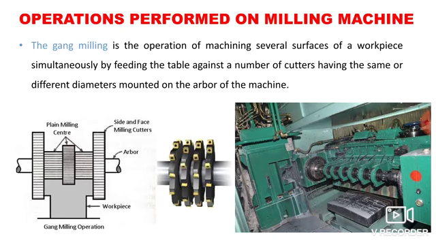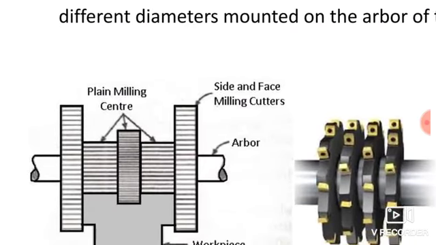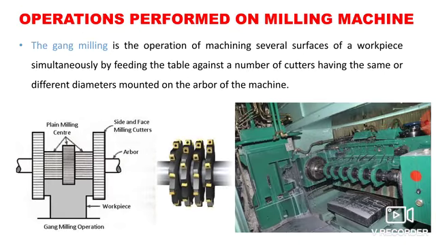The number of cutters can have the same or different diameters. Here you can see the plane milling cutter has a different diameter, whereas the side and face milling cutter has a different diameter, and they are mounted over the arbor of the machine. So this is all about the gang milling operation.